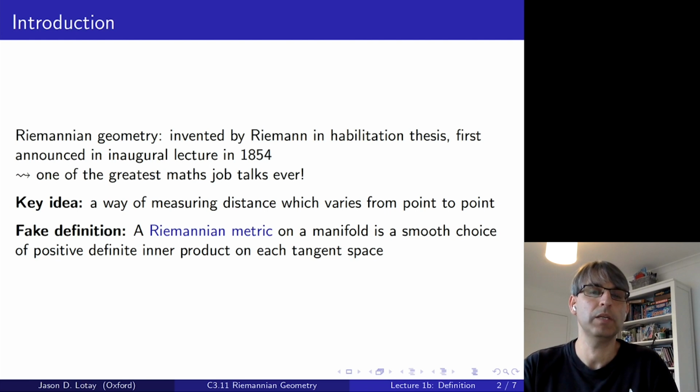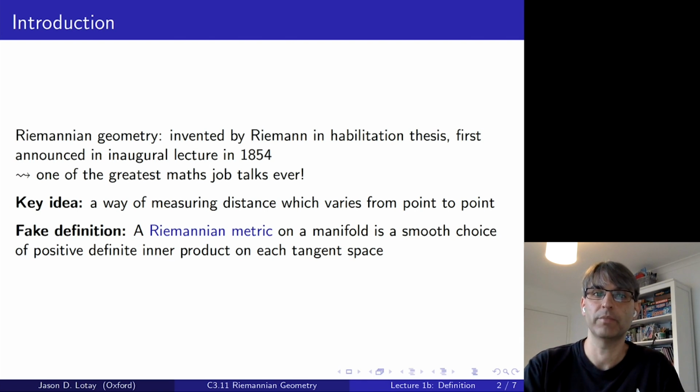In fact, he was one of the first people to think about considering such a thing in dimensions greater than 2 or 3, so in arbitrary dimension. Now, the definition that we're going to give isn't exactly the same as what Riemann did, but is in the same spirit of what he was talking about.